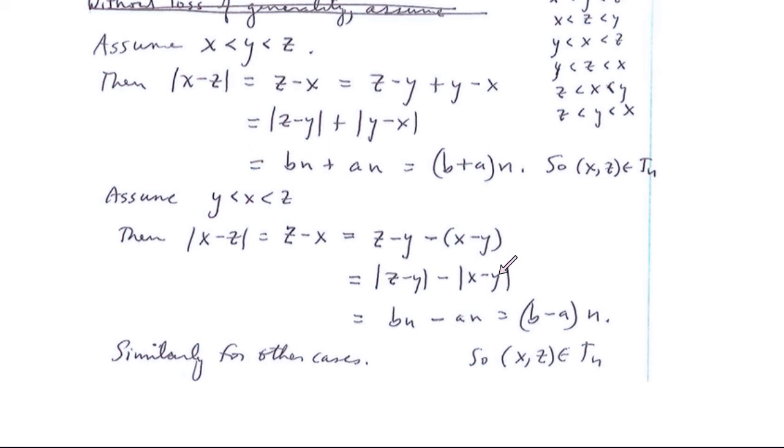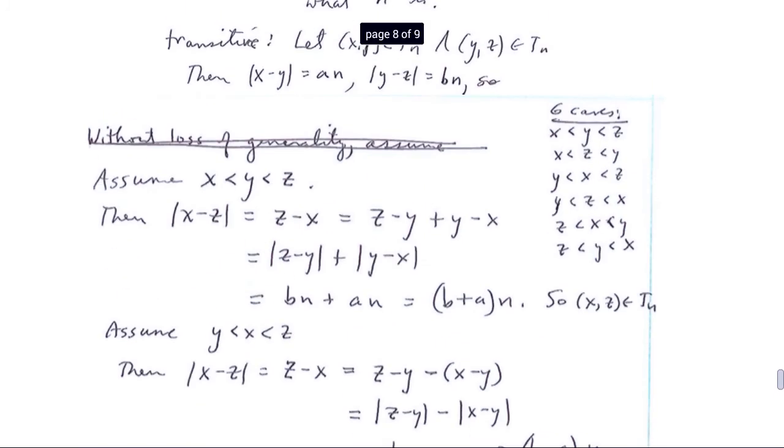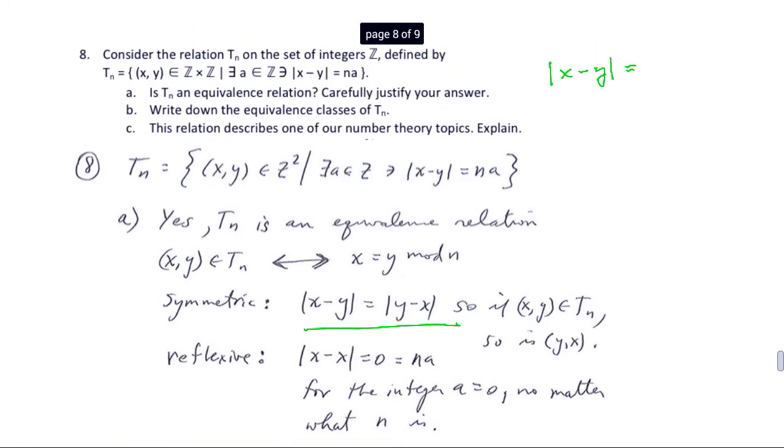And I write these 2 out as their multiples of n. And again, I have an integer, b minus a, times n. And I just say similarly for other cases. You can go through all 6 of them. You might be able to come up with a clever way of combining several of these cases into one. But that's the idea. So it is an equivalence relation.